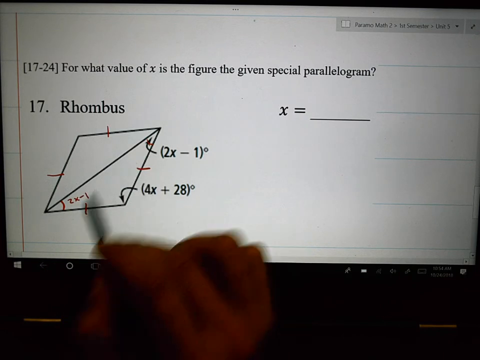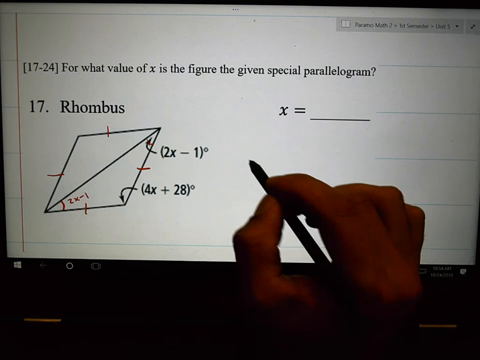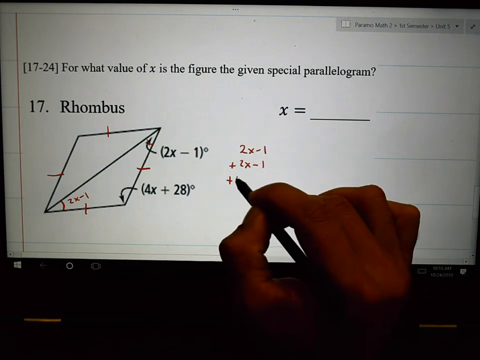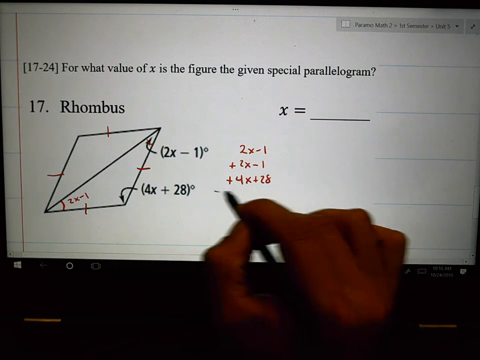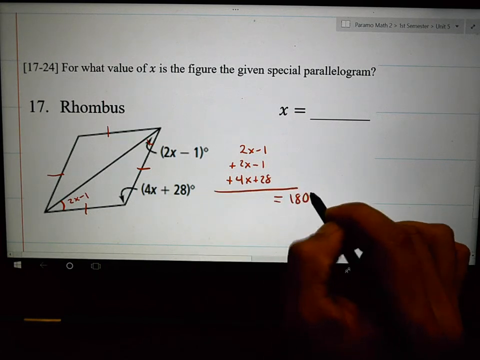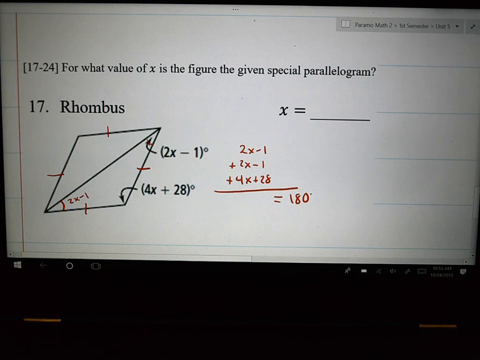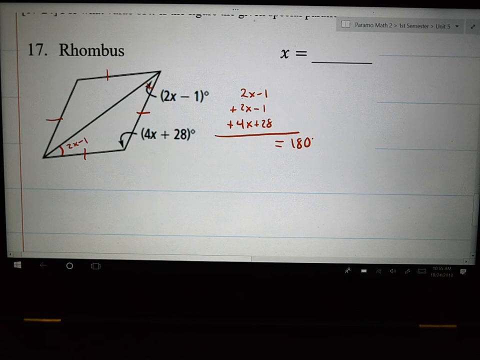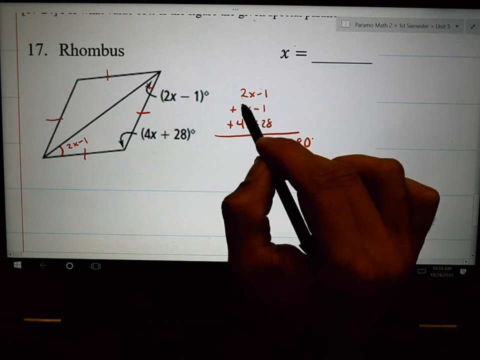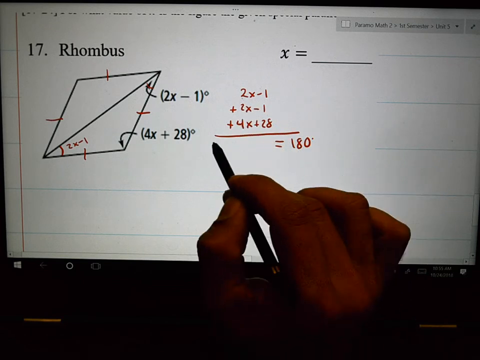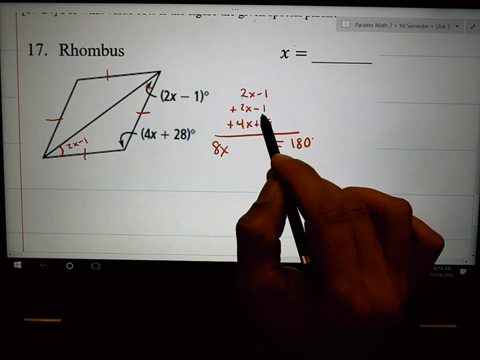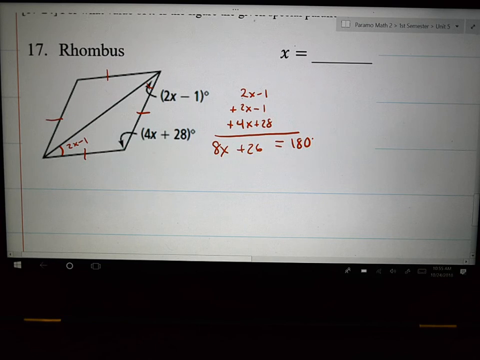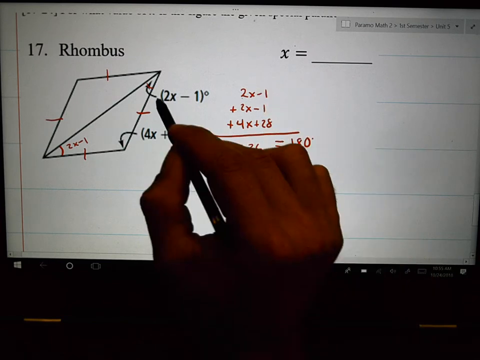Well, if those are the same and this makes a triangle, then 2x minus 1 plus the other 2x minus 1 plus the 4x plus 28 should add up to 180 degrees. And so I'm going to put these together. 2x, 2, 3, 4, 8x. 28 minus 1 is 27, minus another 1 is 26, equals 180. I'm just adding them up together.